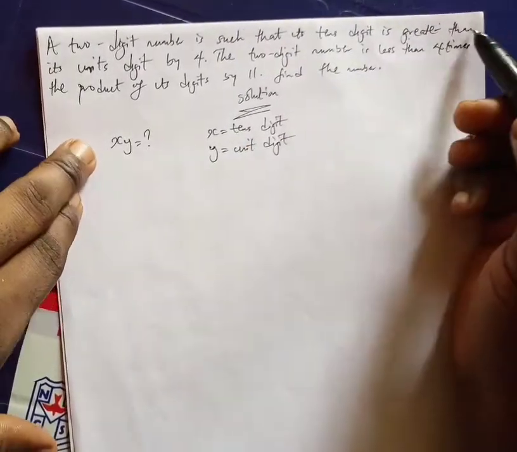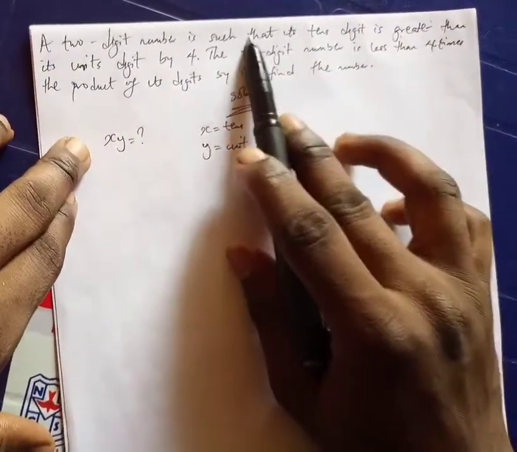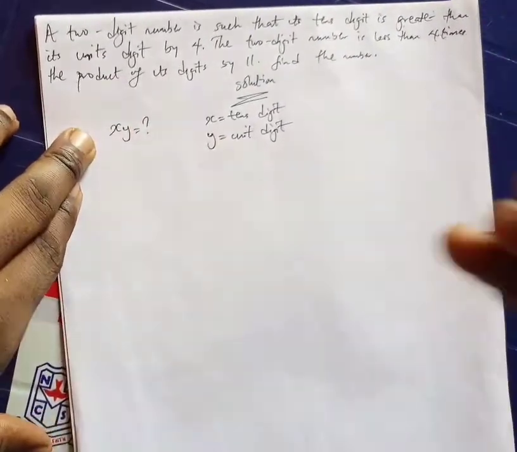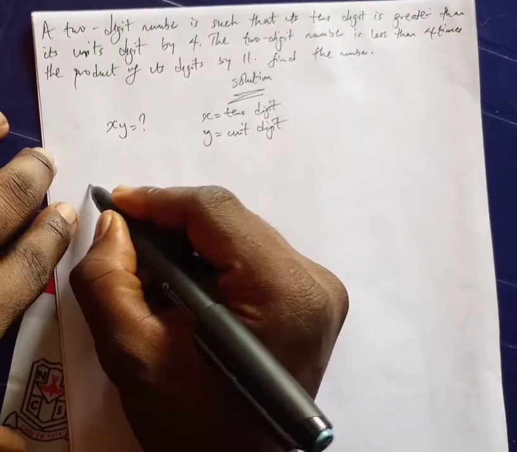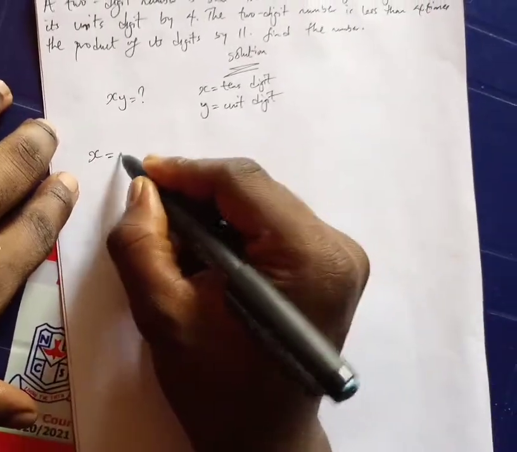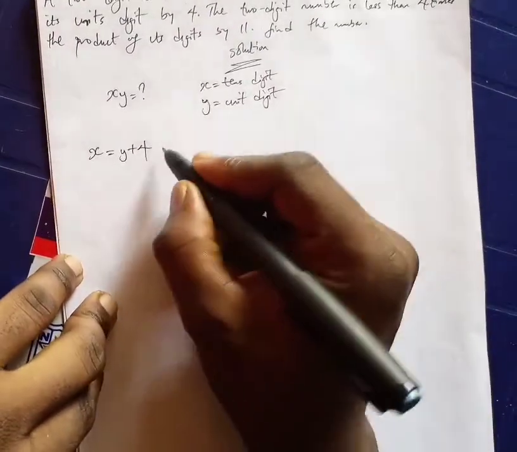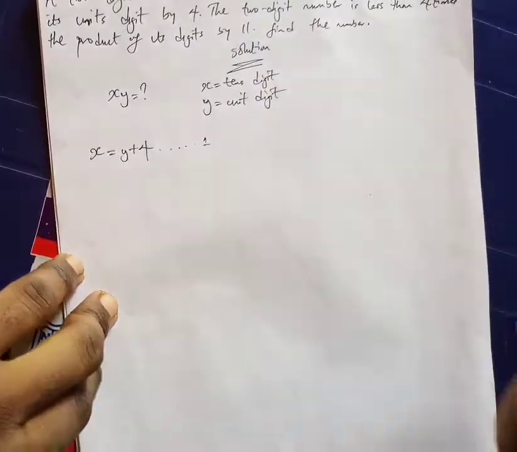So now the second statement says that the tens digit is greater than its unit digit by 4, which is this. So I can call this equation 1.